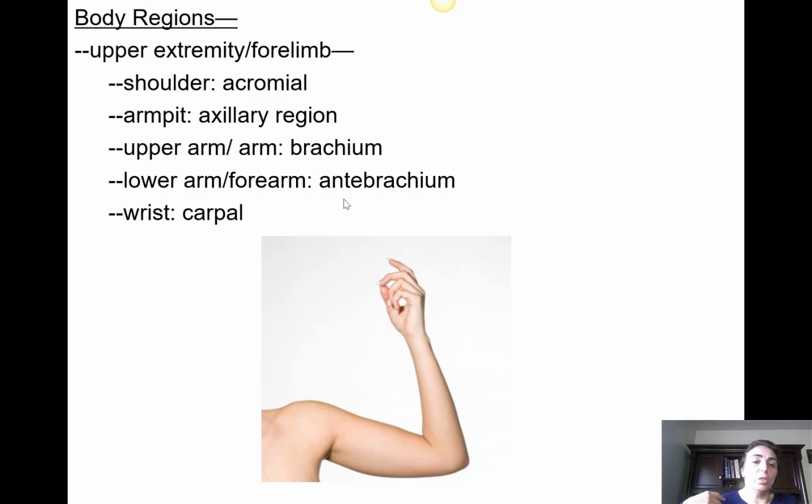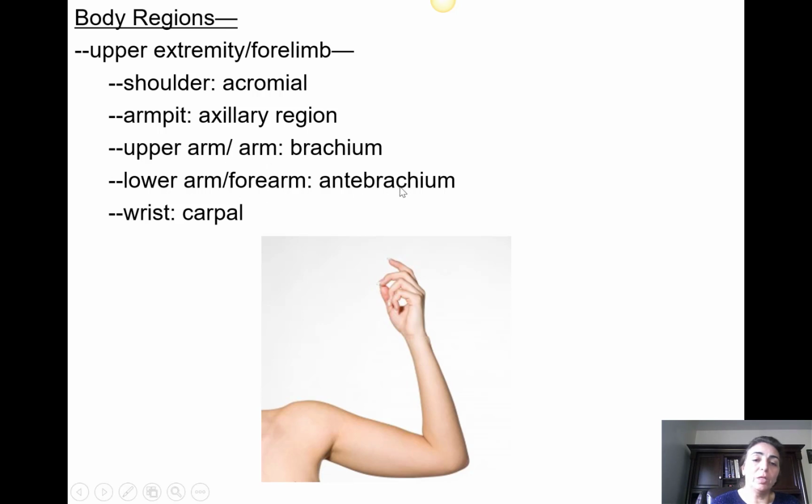So again, in this picture you see the upper extremity or the forelimb. We call it forelimb because in the other animals that are on the forefeet, these are the fore part of the body, front of the body, right? So we call them forelimb. So shoulder is acromial area, armpit, axillary region, upper arm or arm, brachium.